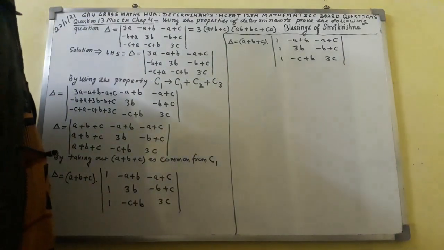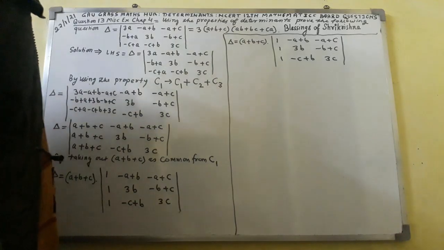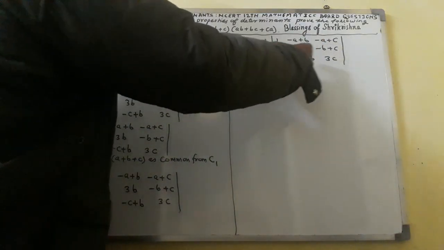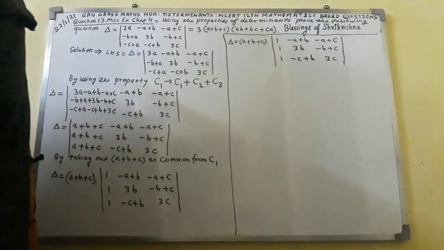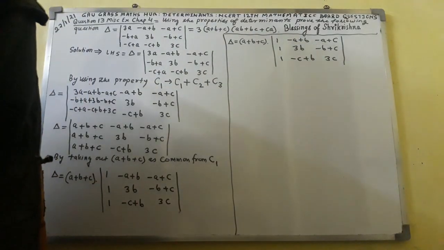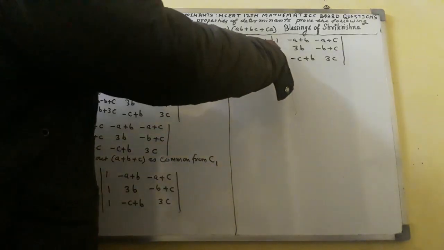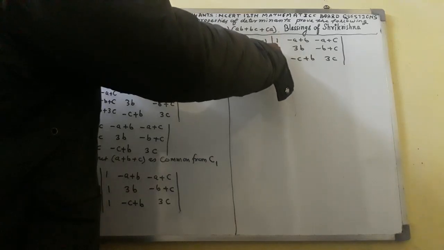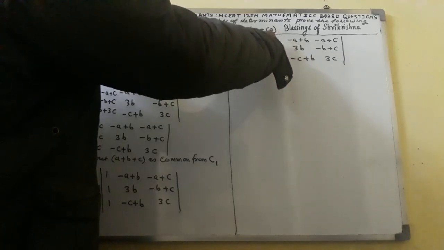What we will do next? Here you can see this is R1, this is R2, this is R3. So here I shall use the property. If you use the property 1 minus 1, R1 minus R2, at this place you will get 0.